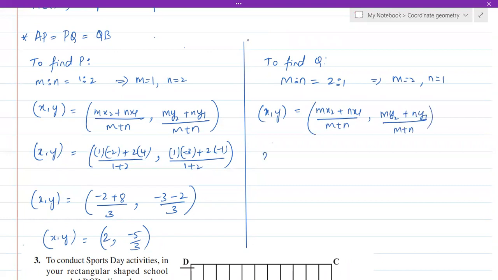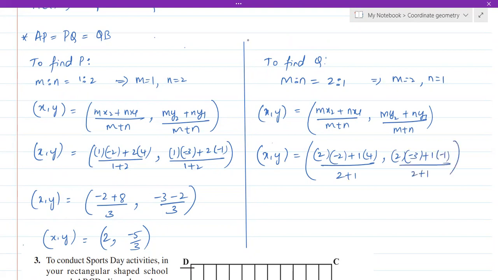So x comma y is equal to: m value is 2 here, x2 value is -2, n value is 1, x1 value is 4, divided by m plus n. So it will become 2 plus 1, comma m value is 2, y2 value is -3, plus n value is 1, y1 value is -1, divided by 2 plus 1.